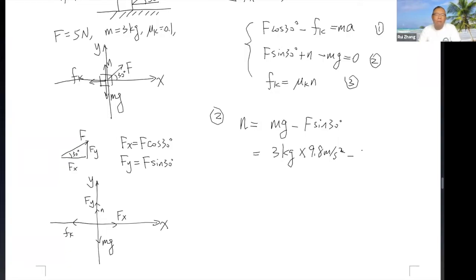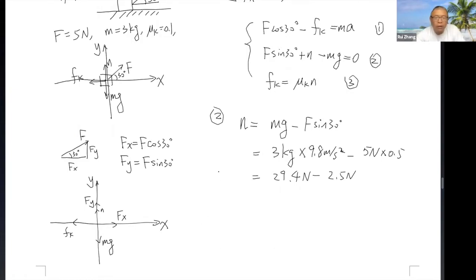F is 5 Newton. Sine 30 is 0.5, so this gives you basically 2.5. So 3 times 9.8 is 29.4 Newton minus 2.5 Newton. Okay. So yeah, so fx should be 2.5.